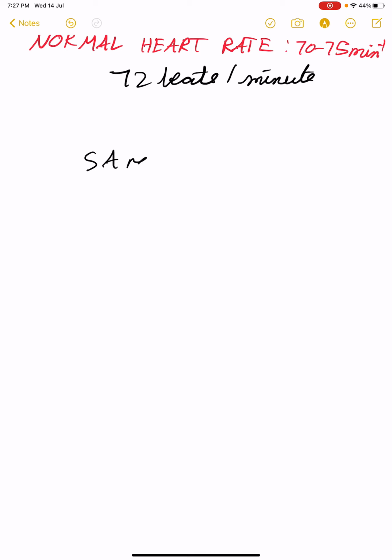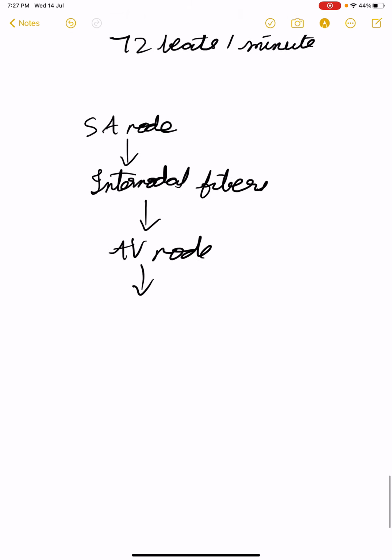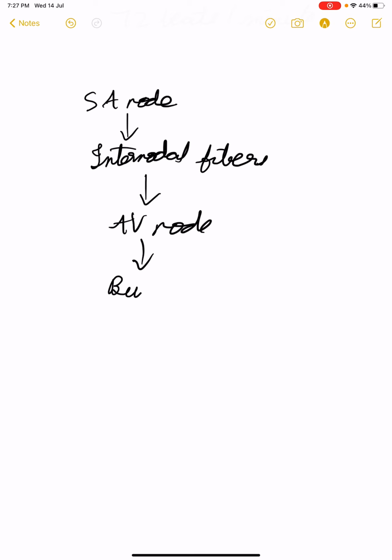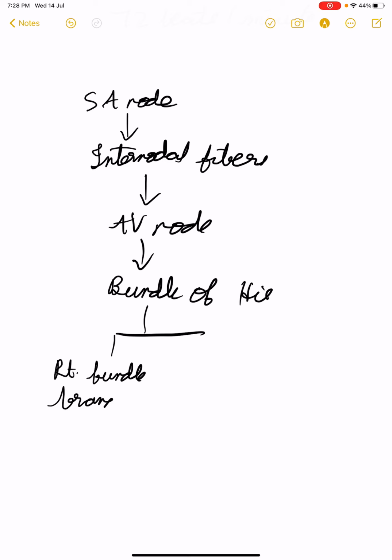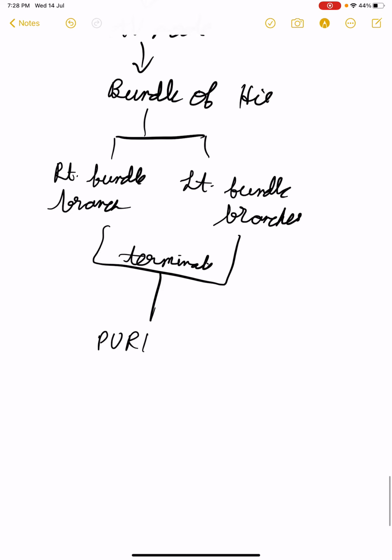See here, SA node, internodal fibers, from this AV node to which is continued as bundle of His, which gives right and left branches. These terminate as Purkinje fibers.